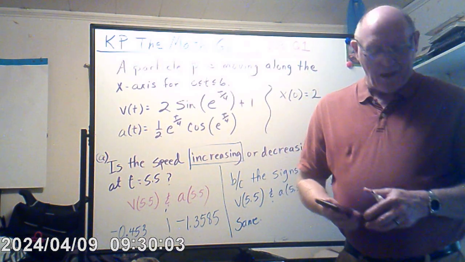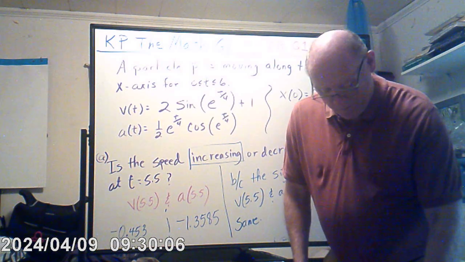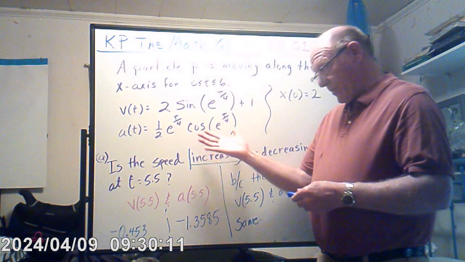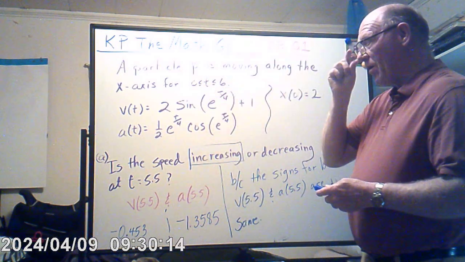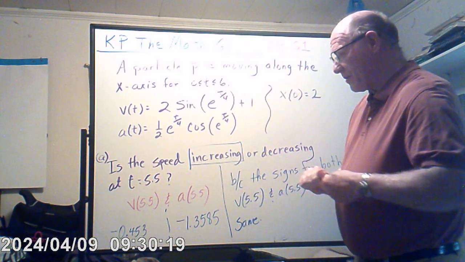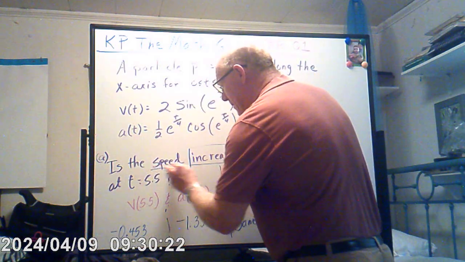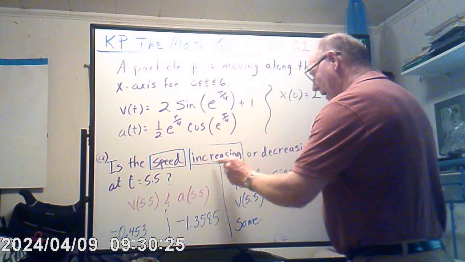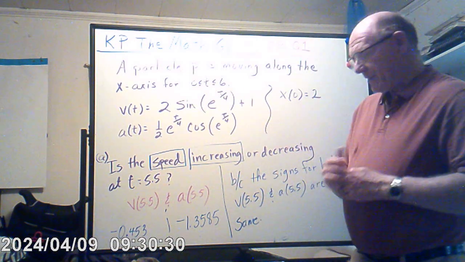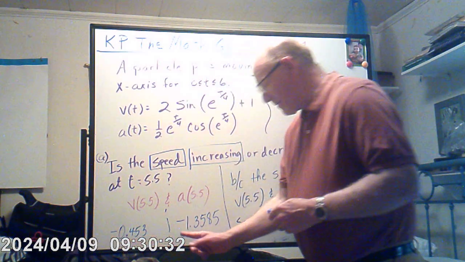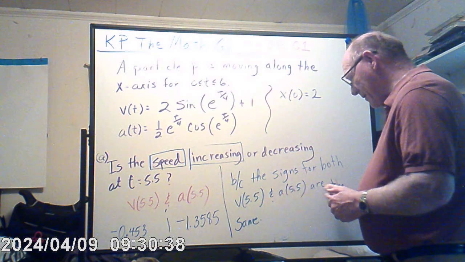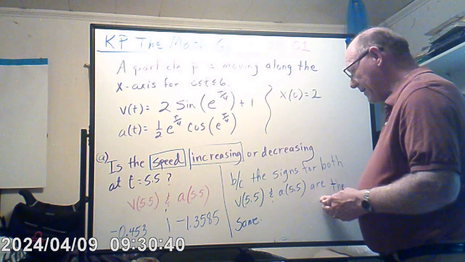Okay. And that's mainly the reason I picked this problem, so you could get some review on this. Speed is going to be the key word you look for, increasing or decreasing. Okay, signs are the same, so the particle is increasing.